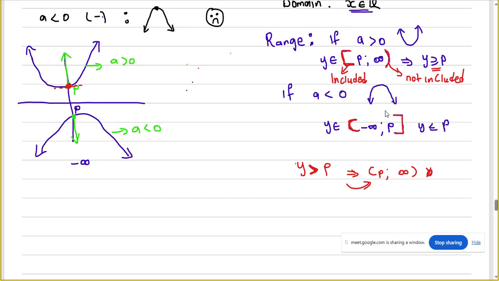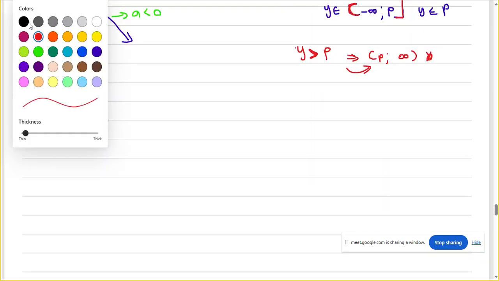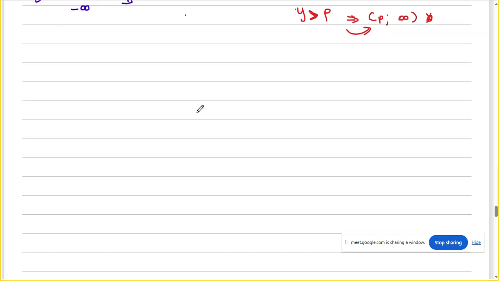Now, let's say that you are given... I'll just explain this, then we'll take it from here when we come back, okay? Let's say we work on finding the equation.